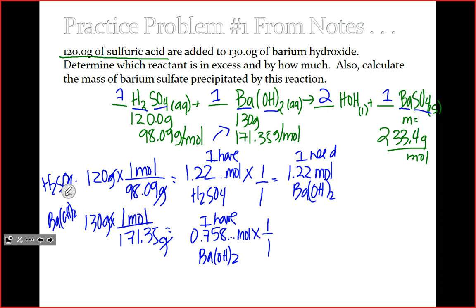It's 1 over 1. I need 0.758 moles of H2SO4. Okay, cool. I've set it up.